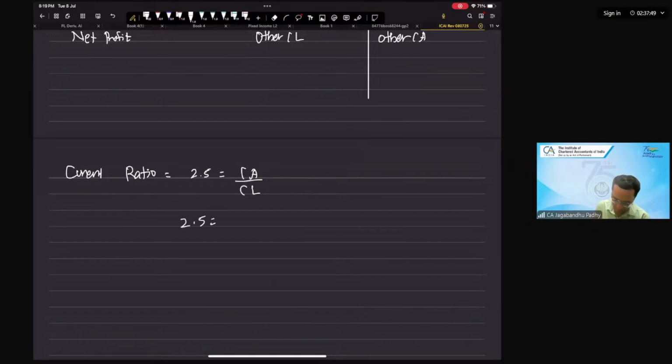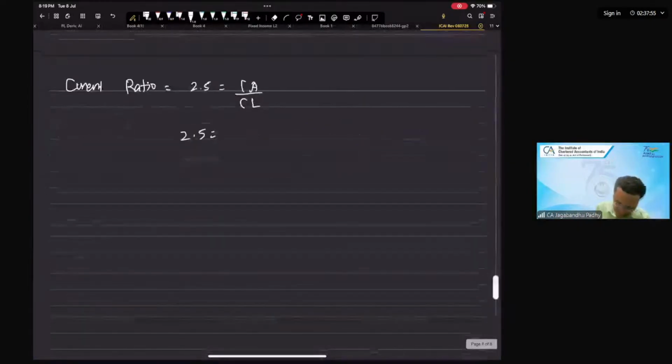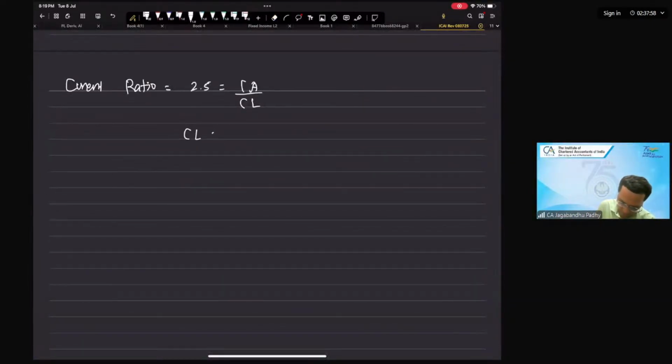So we can definitely say current asset is 2.5 times of current liability.